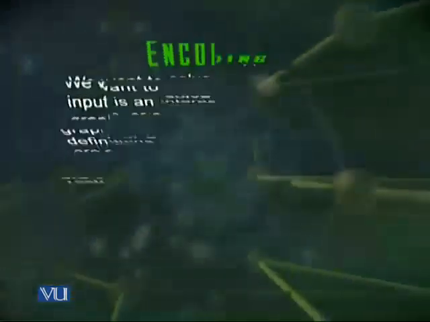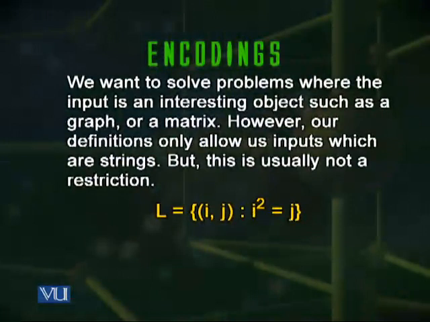However, this is not the case, because as computer scientists, we know that all the objects that we deal with can be expressed in terms of 0-1 sequences, so they can all be posed as problems over the language {0, 1} star. Let's look at a few examples to clarify this notion. Suppose I am interested in the set of all pairs of integers i, j, such that i squared is equal to j.